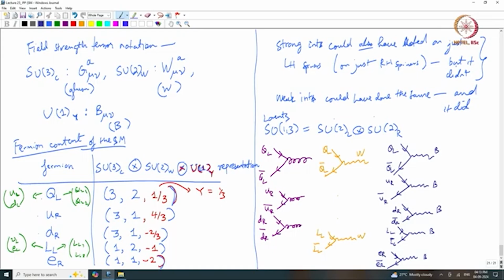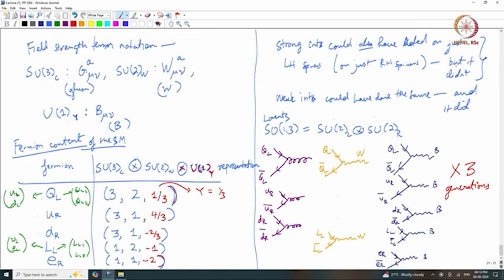Finally, are we missing something here? Something very important when we list out the menu of fermions making up the Standard Model? What we are missing is the 3 generations. Remember the flavor problem. Why are there 3 generations of matter?